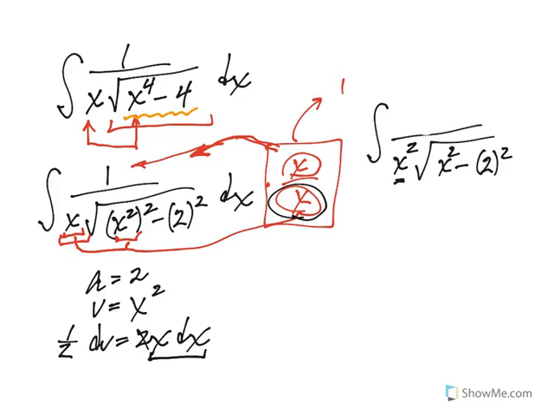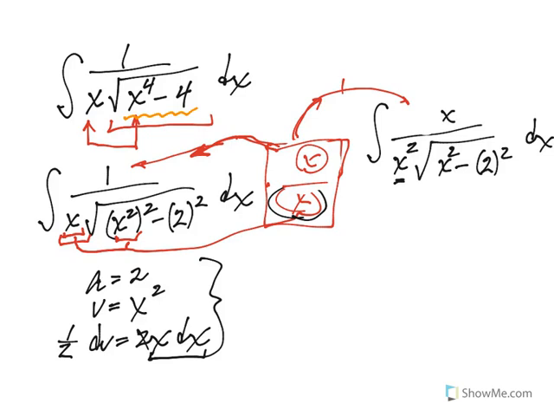hang on before I write that. This x on top, whoops, this x on top is going to go right here, and that will give me x dx. Now, I haven't used this u substitution yet, but now I am ready to go.